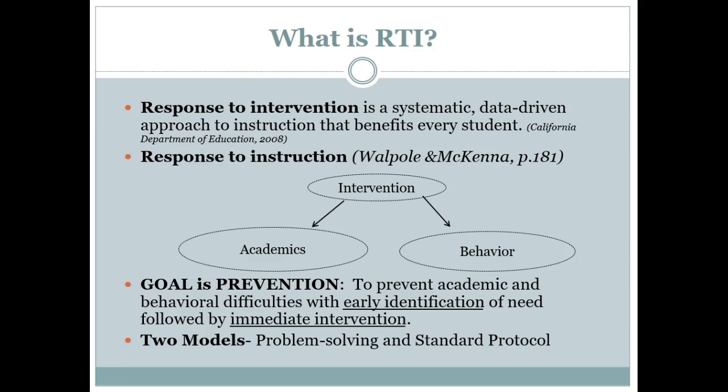So probably easier to implement when the number of students is small, versus the standard protocol. You kind of have your cut scores. If a student performs at this level on this assessment, then they're going to be receiving this tier 2 intervention, which is going to consist of this.